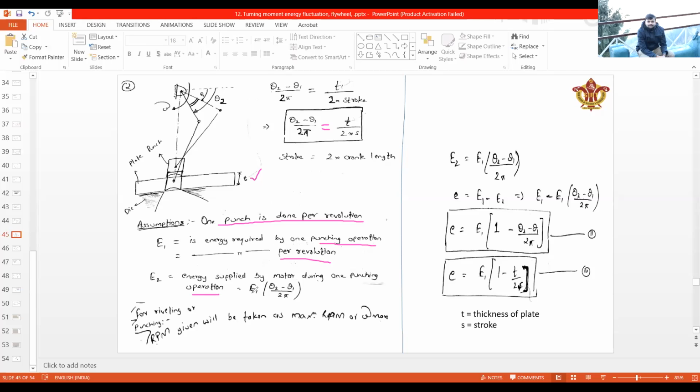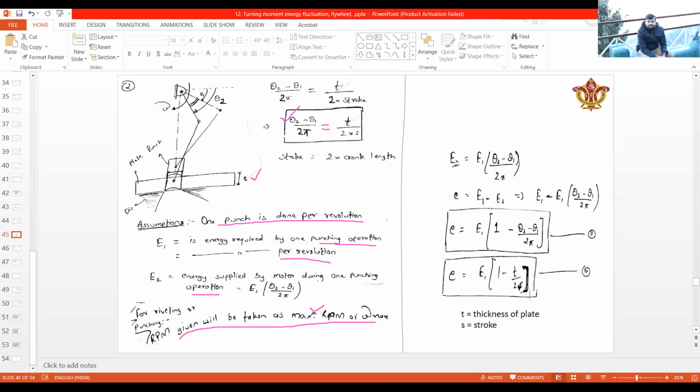So it came out to be E1 multiplied by theta 2 minus theta 1 by 2 pi. Okay. And one very important thing which we learned was that the rpm which is given to us in the question would by default be taken as the maximum rpm, because the motor once turned on runs at its maximum rpm, right? That is the practical consideration that has to be taken.